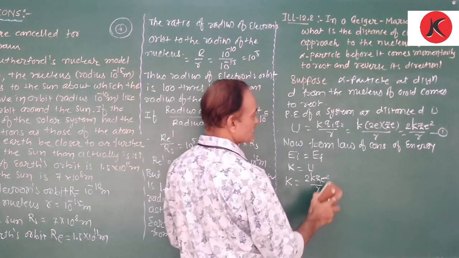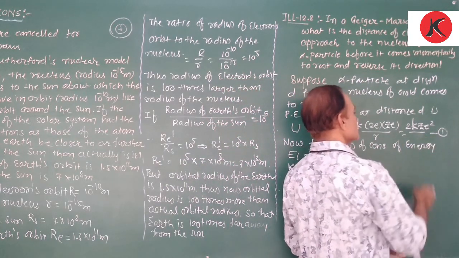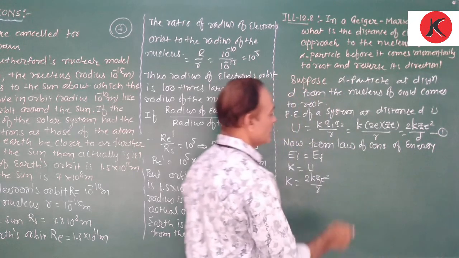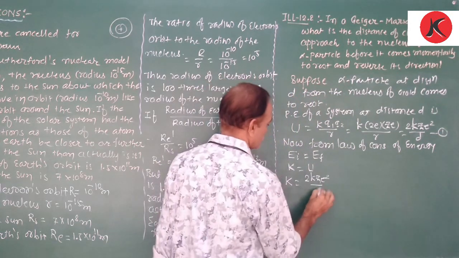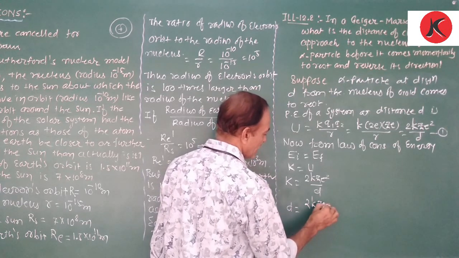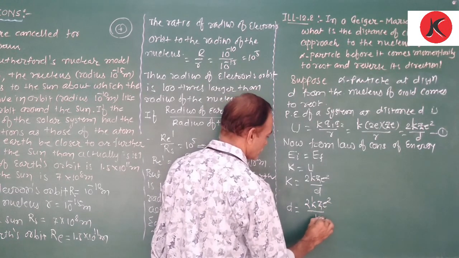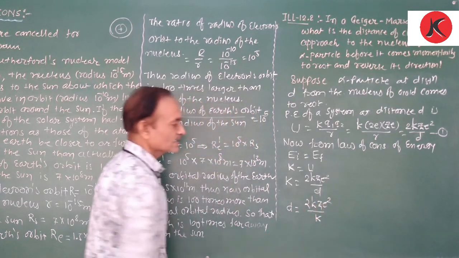And here the distance is d, because we assume that at distance d the alpha particle comes to rest. Therefore d = 2kZe² / K. Here this K is the kinetic energy.